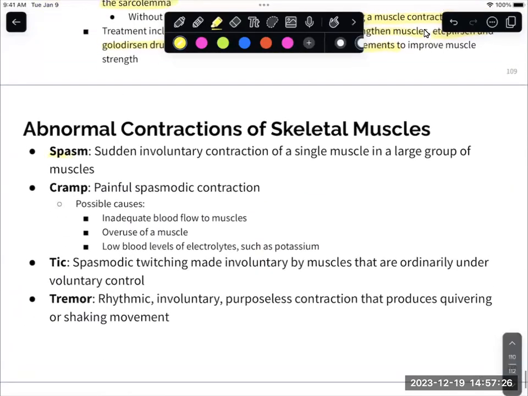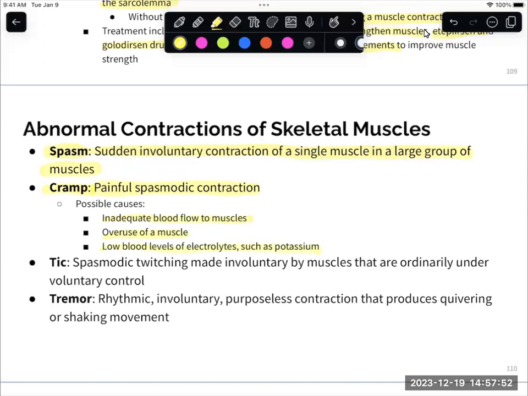A muscle spasm is an involuntary contraction of a single muscle in a large group of muscles. A cramp is a painful spasmodic contraction. Not enough blood flow, overuse, low levels of electrolytes such as potassium can cause muscle cramps.